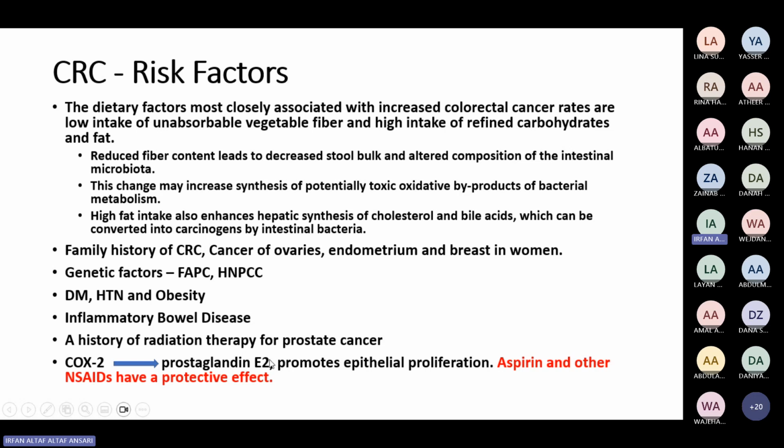When prostaglandin E2 forms in the intestine, it promotes epithelial proliferation like hyperplasia, adenoma, and dysplasia. So we have drugs which inhibit this enzyme. And what are these drugs? These are the non-steroidal anti-inflammatory drugs, NSAIDs. They inhibit this enzyme, so there is no formation of prostaglandin E2 and there is no epithelial proliferation. So we can give them aspirin or another COX-2 inhibitor as a prophylaxis. Clear? Yes, doctor. Okay.